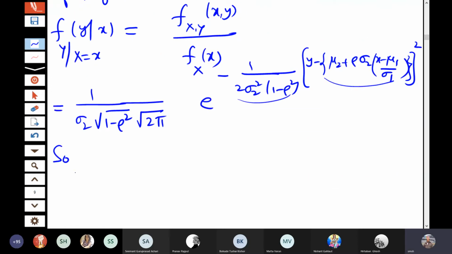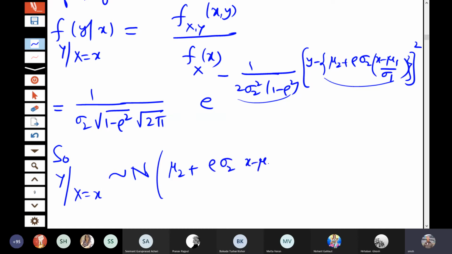So the conditional distribution of y given x is also normal with mean mu 2 plus rho sigma 2 x minus mu 1 by sigma 1 and variance sigma 2 square into 1 minus rho square.